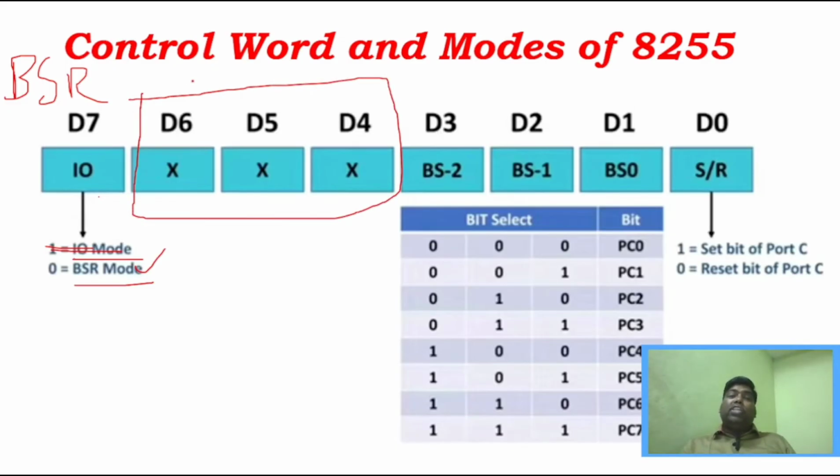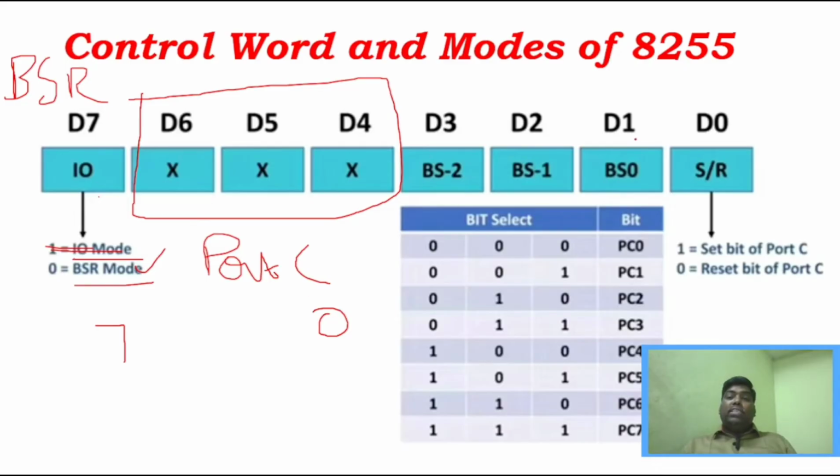These 3 bits tell you the modes of operation of port A. So you don't need to worry about this, because in BSR mode only port C is supported. So this is don't care here, right? And in BSR mode you have to understand, we know that port C is the only port which supports BSR mode, and port C is 8-bit, from 0 to 7, right?